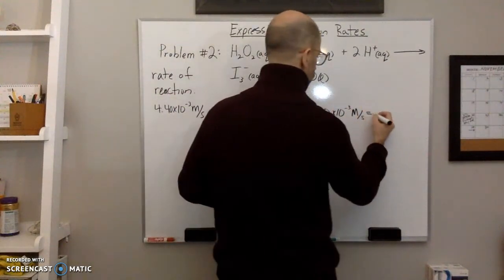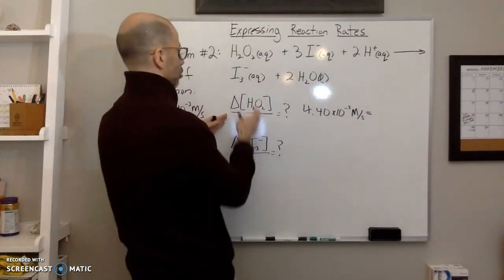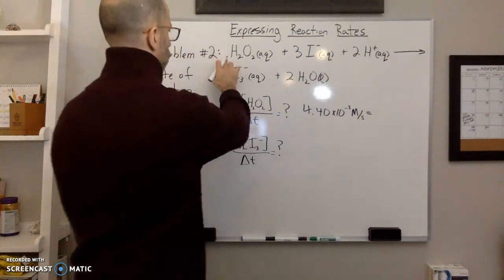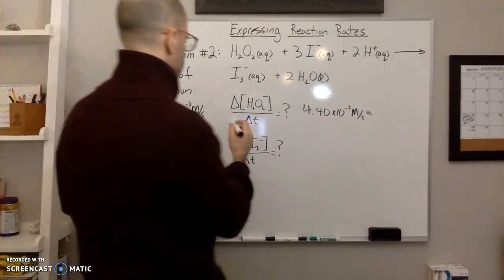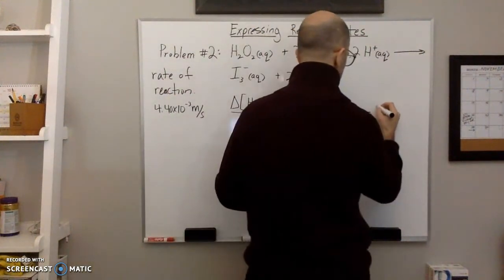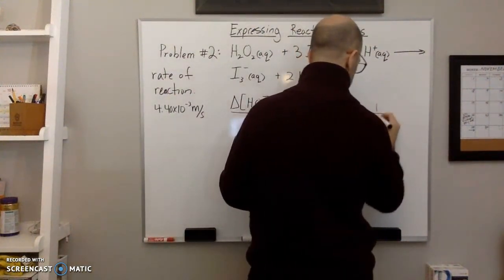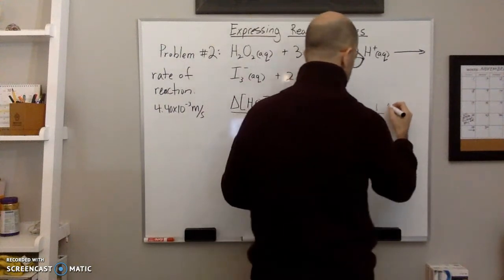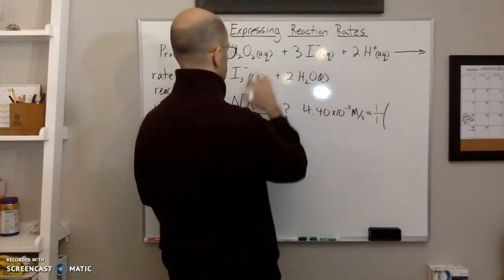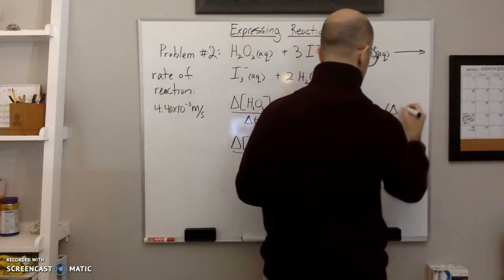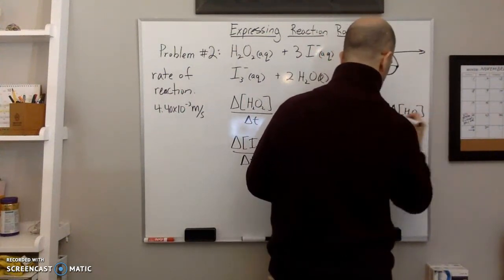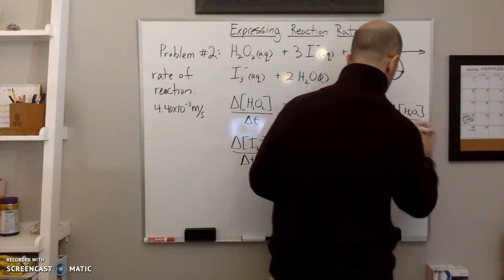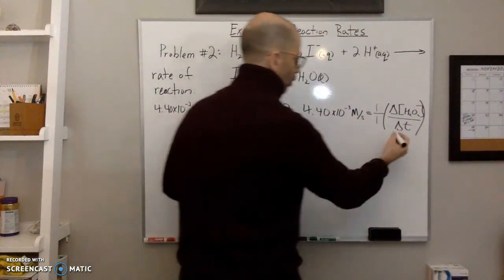That's going to be equal to, for H2O2, 1 over 1, just to write it out, multiplied by the change in the concentration of H2O2 over delta T. And this is what we want to find.